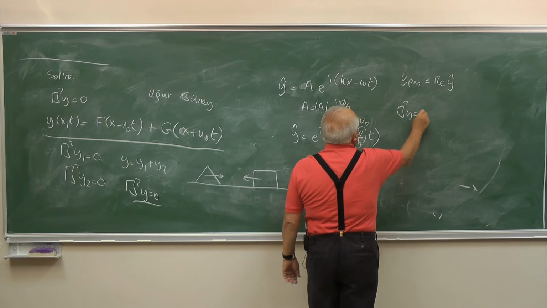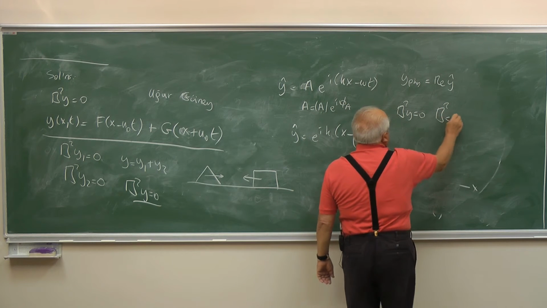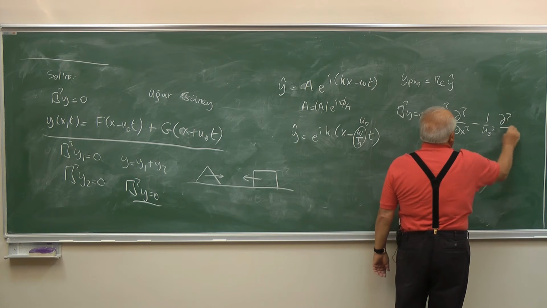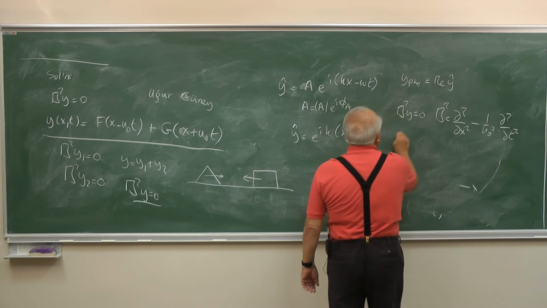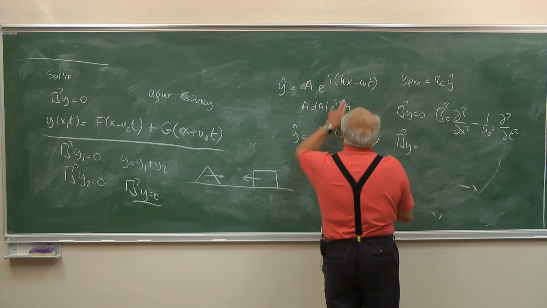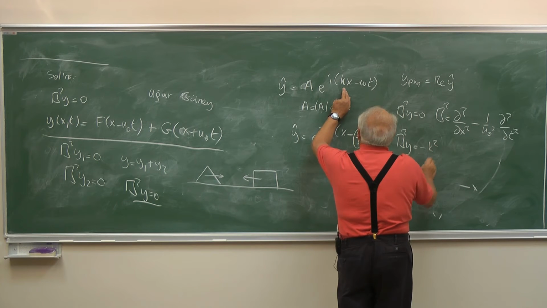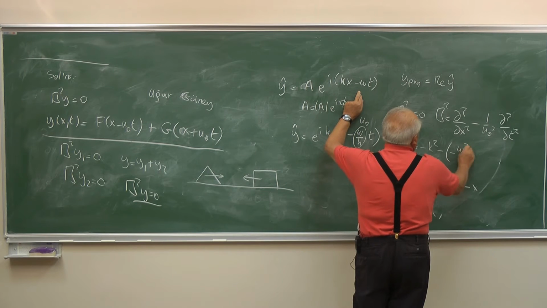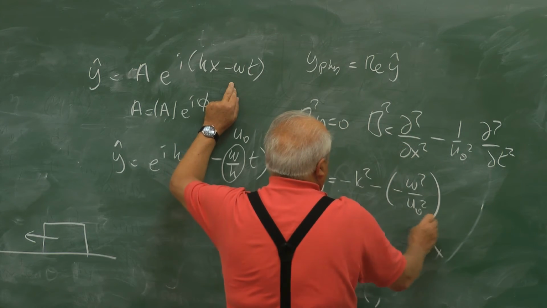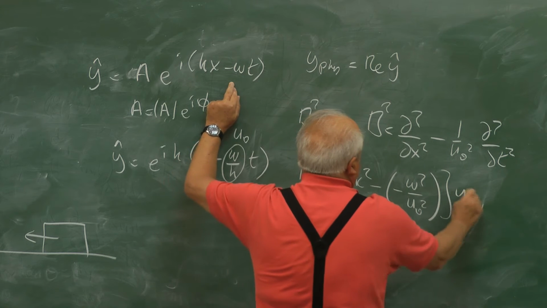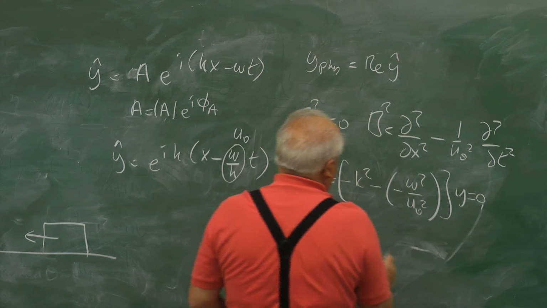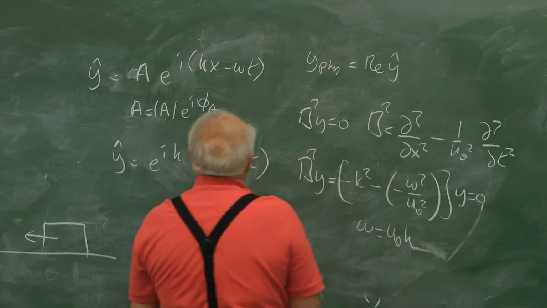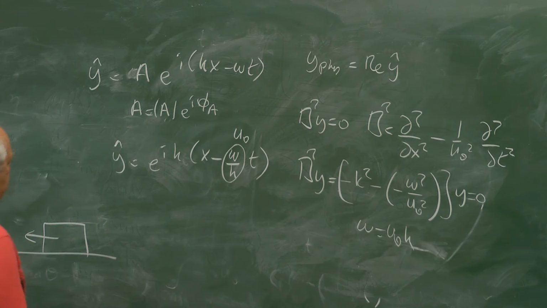∇²y minus (1/u0²)∂²y/∂t² equal to 0. This gives me minus k² plus ω²/u0², times y, equal to 0. Since y is not 0, this has to be 0. Therefore, ω is equal to u0k, the same thing we found here.